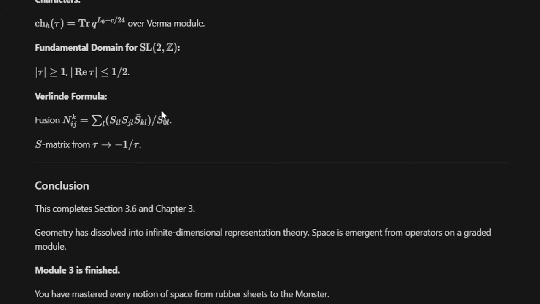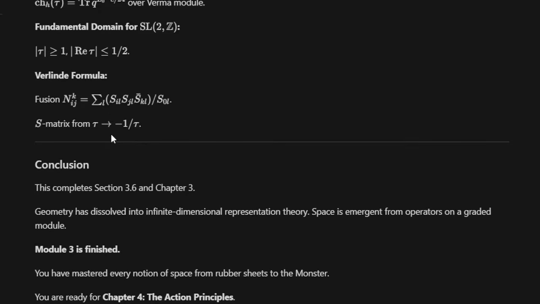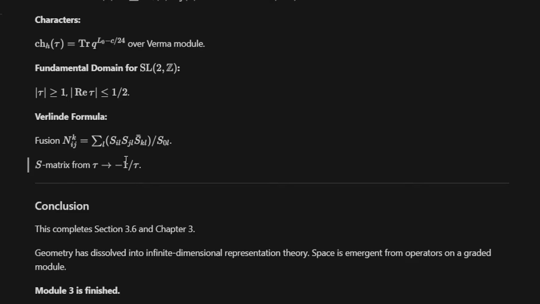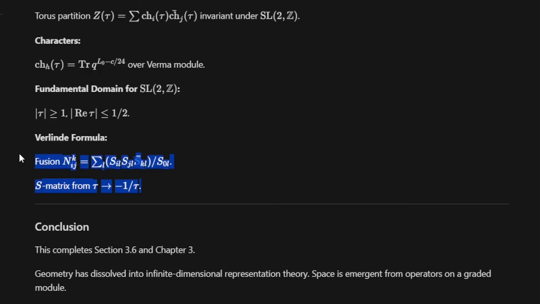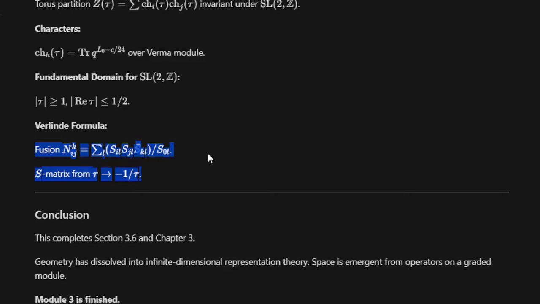The Verlinde formula gives us a fusion operation that allows us also to describe the scattering matrix, or the S-matrix. This is also important for physics because it allows us to describe the interaction of high energy particles.